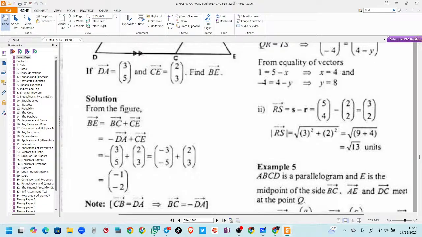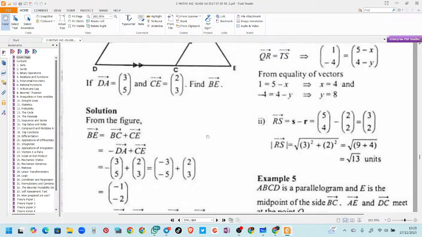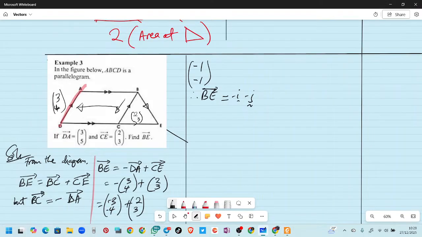Let me check. Ah, it's 3, 5. Sorry, sorry. This one is 3, 5. This one is 3, 4. It's another 3, 5. Okay. So it becomes negative 1, negative 2.